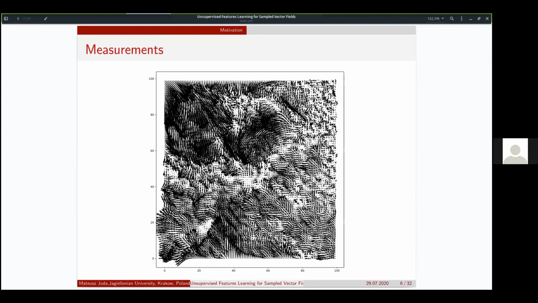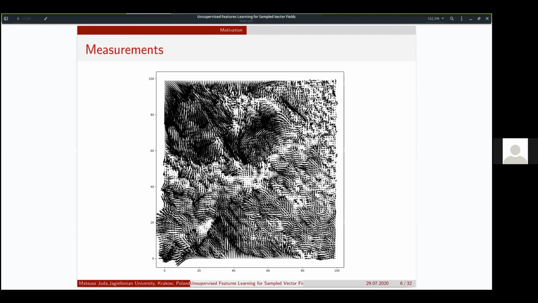However, the vector field is three-dimensional, but the measurement is given only on the surface of the Sun. So we have three-dimensional vectors on a two-dimensional plane. In that kind of data, we cannot assume that the vector field is generated by any dynamical system. However, we would like the tool to also be able to analyze this kind of data.